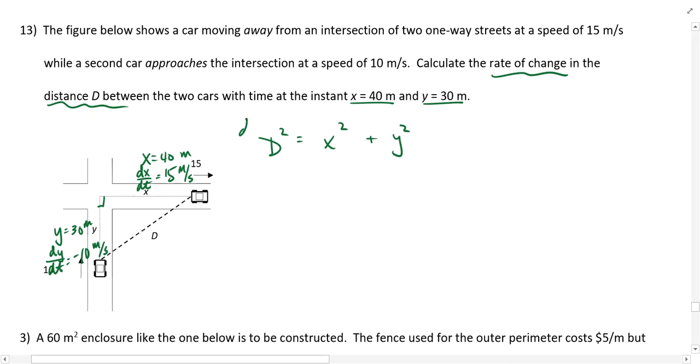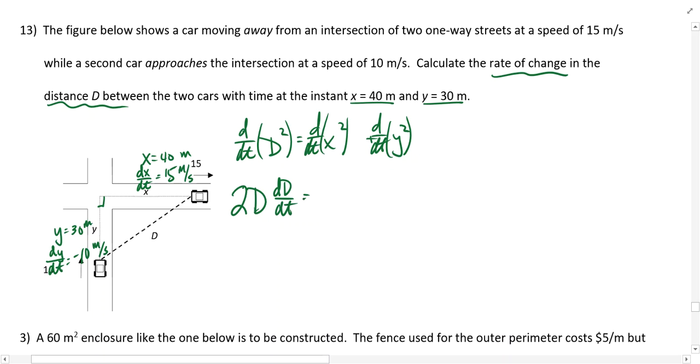So it stands to reason that after we apply the derivative with respect to time on both sides of the equation, and essentially to all terms in this equation, then the derivative of d squared with respect to time is going to be 2d dd/dt, and that's equal to 2x dx/dt plus 2y dy/dt.